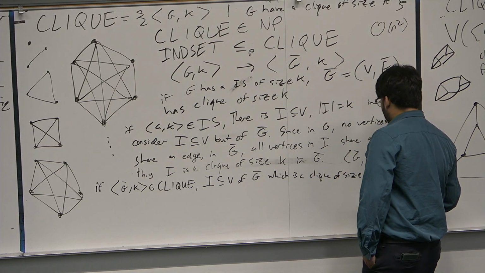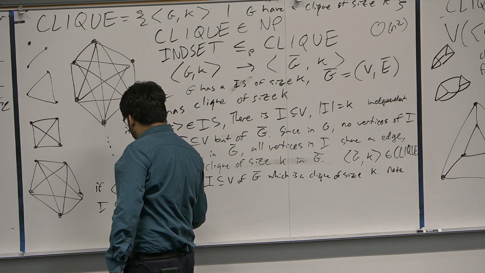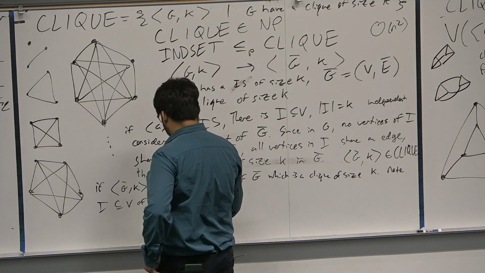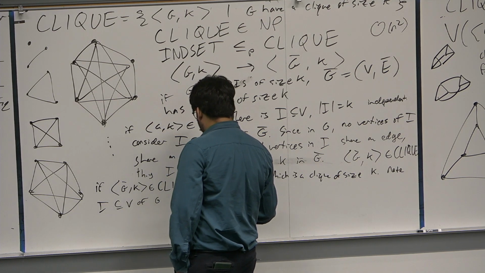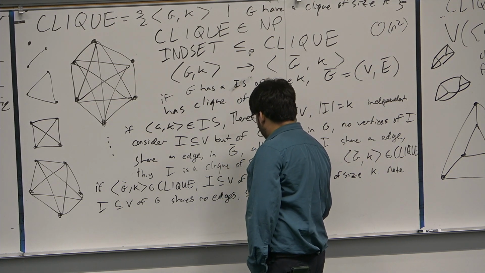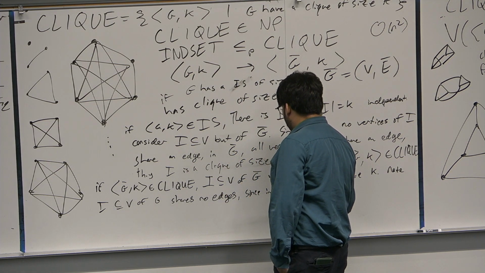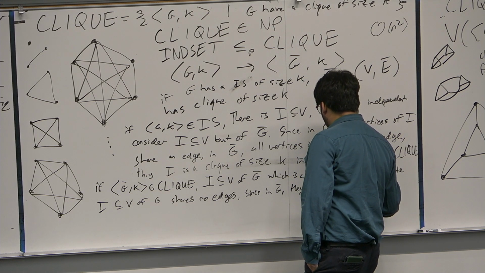Note, I, a subset of V of G, shares no edges, since in G complement, they share all edges.